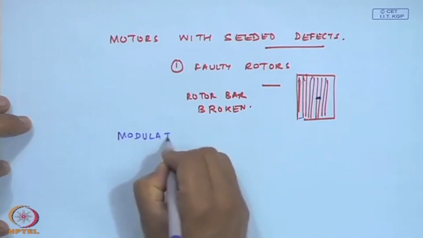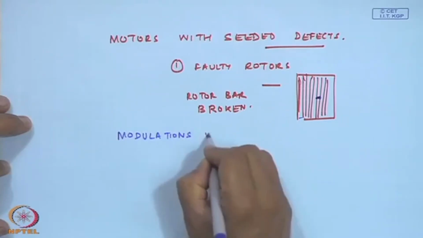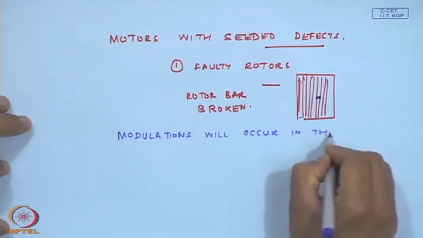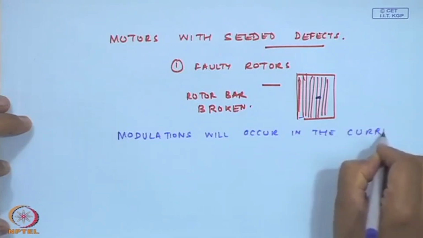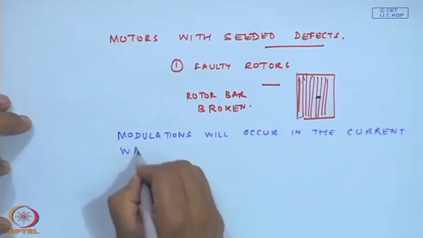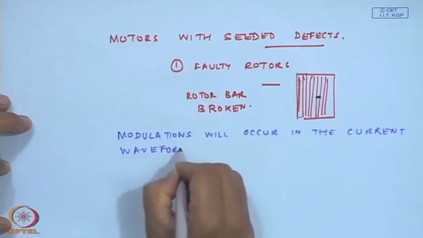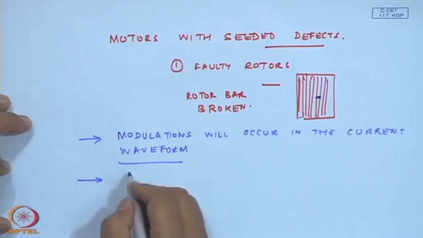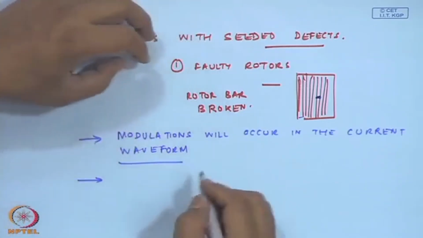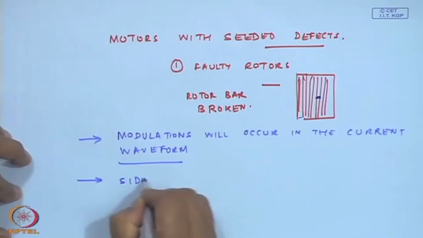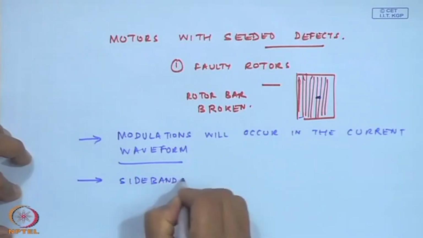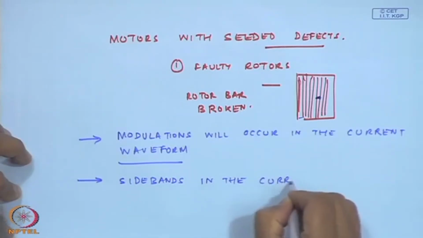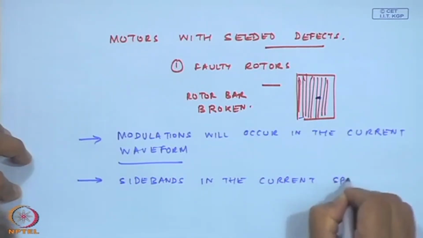Modulations will occur in the current waveform, and from your study of signal processing, modulations in the time domain will give sidebands in the current spectrum.